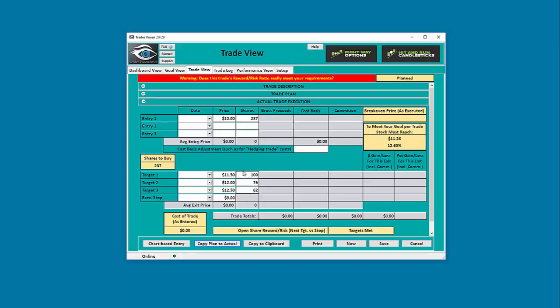We would then enter the entry date at the time we were able to achieve the entry price, and the target dates at the time we were able to reach these prices and make our sales. You click the drop down and select the appropriate day from the trade calendar.